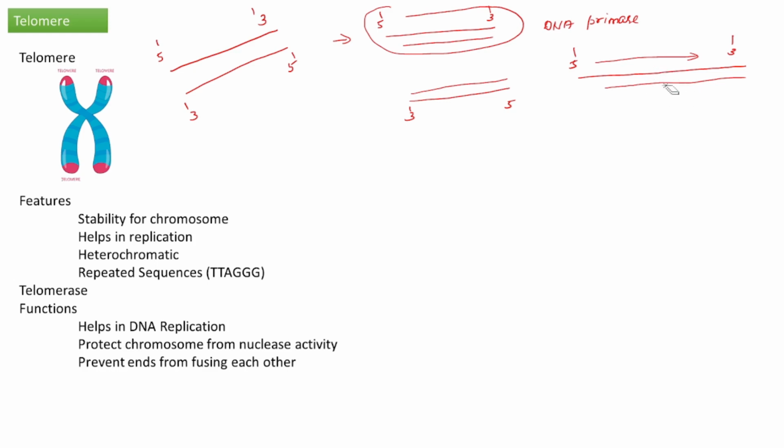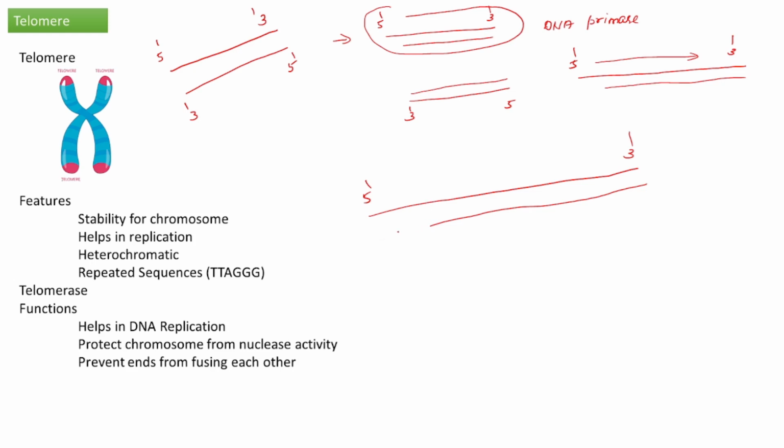I'm going to redraw this picture again here, then only I can explain the role of telomerase. This is that parent strand 5' to 3', and this is the newly formed daughter strand. What you notice here, this strand is shorter when compared to this parent strand. Why?